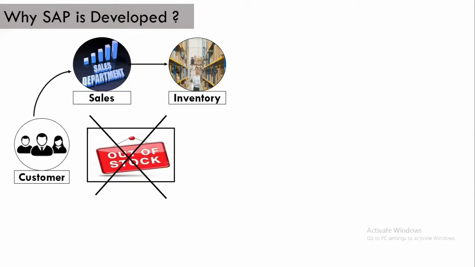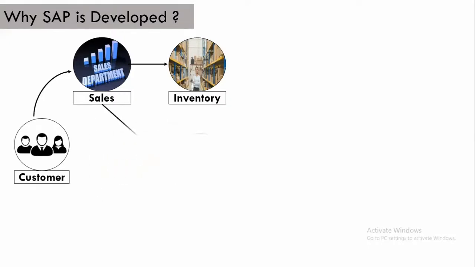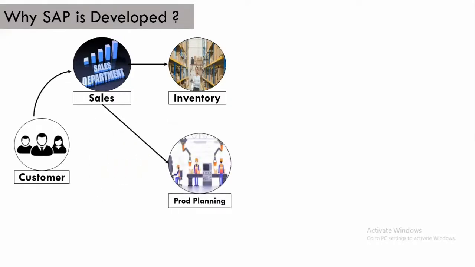Then the inventory people will check with the production planning department. The production planning department will say, sir, we need so and so time to produce this car, and this feedback will be given to the inventory people. Sir, we don't have so much material to produce this car.